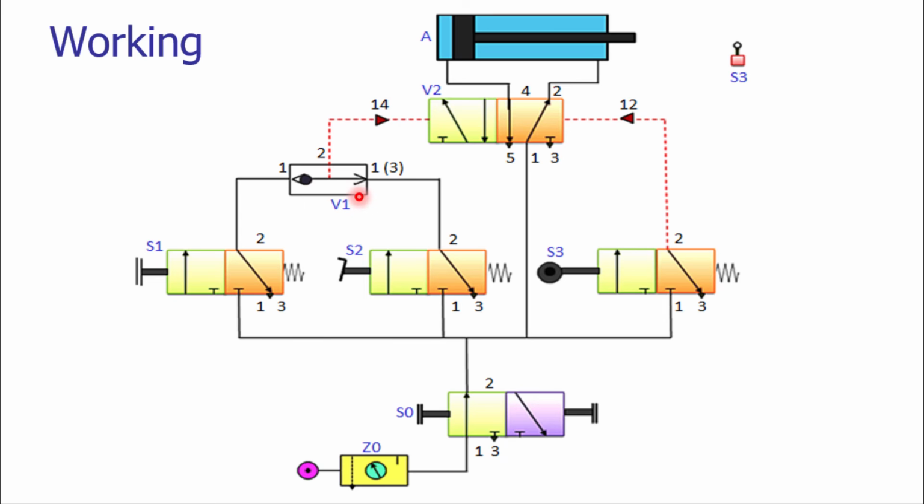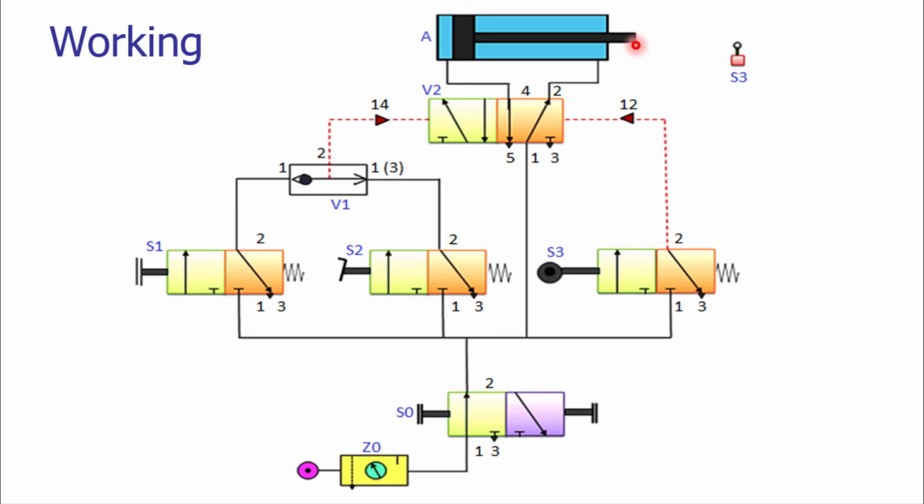Instead of blocking the foot pedal valve, there would now be blockage of the push button valve. The ball will move from right to left direction, the push button valve will be blocked, and the compressed air will be given to the DCV via the shuttle valve.